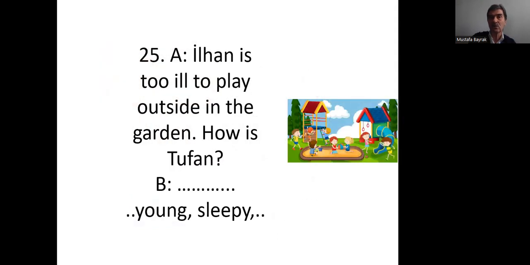But here we know, so Ilhan is too ill to play outside in the garden. How is Tufan? Tufan is too young. Tufan is a baby. Tufan is too young to play outside, or Tufan is too sleepy to play outside. Let him sleep.